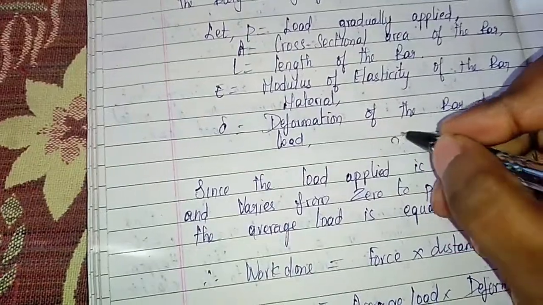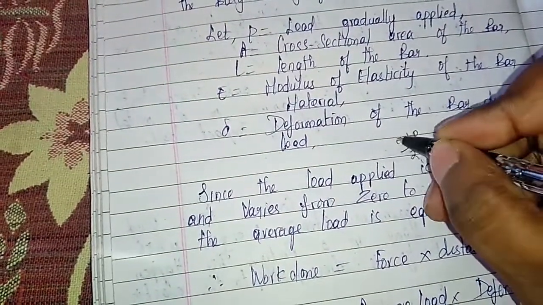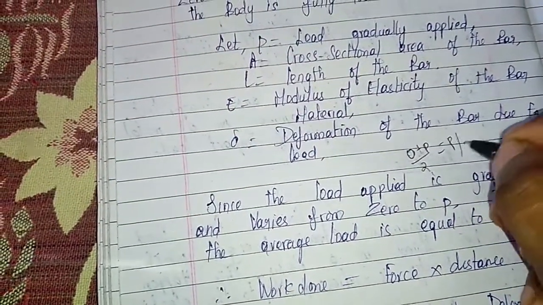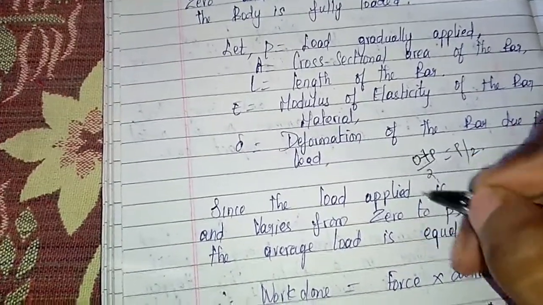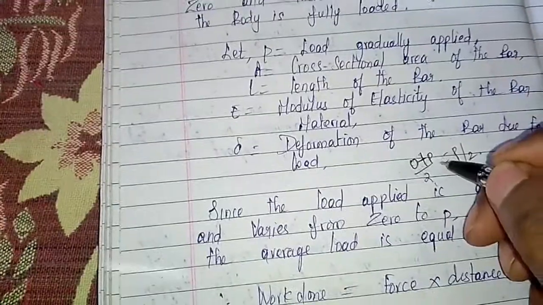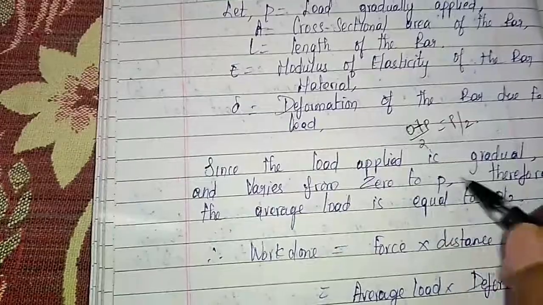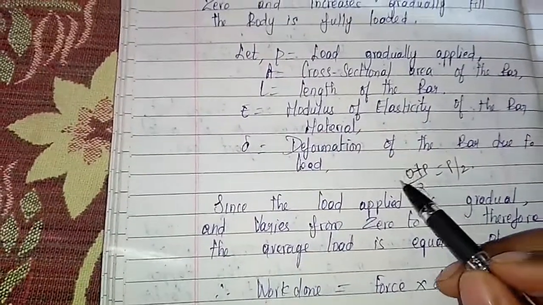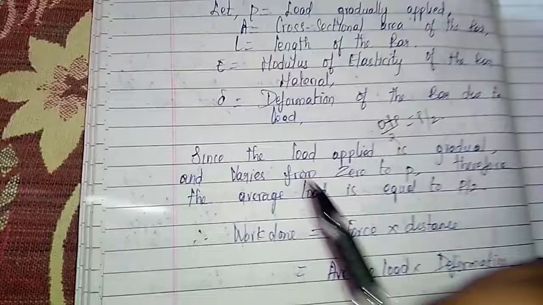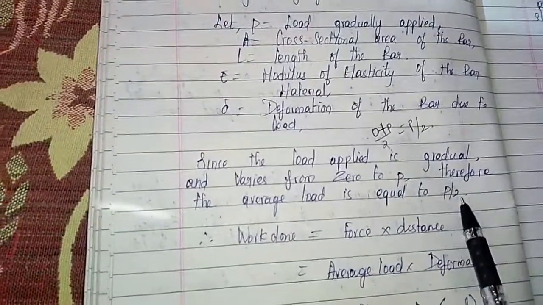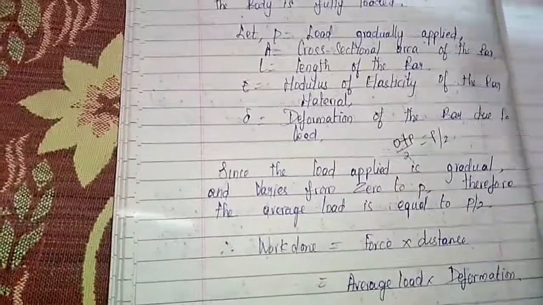Average is nothing but (0 plus P) by 2. That is nothing but P by 2. So the starting load is 0 and the maximum load is P. Then what is the average? (0 plus P) by 2. So the average load is equal to P by 2. So what is load actually?